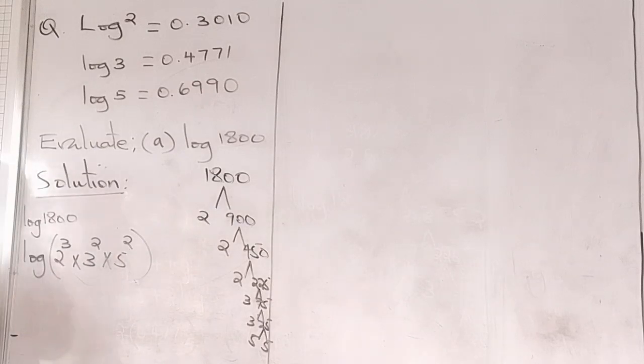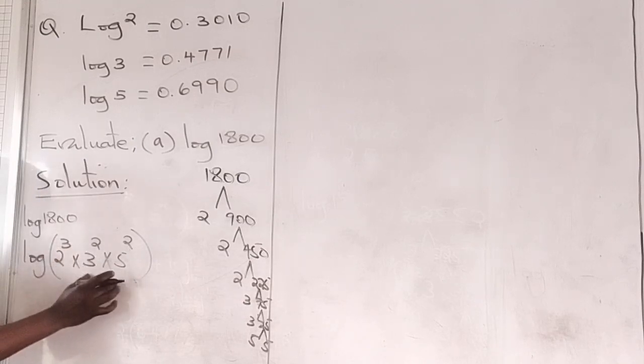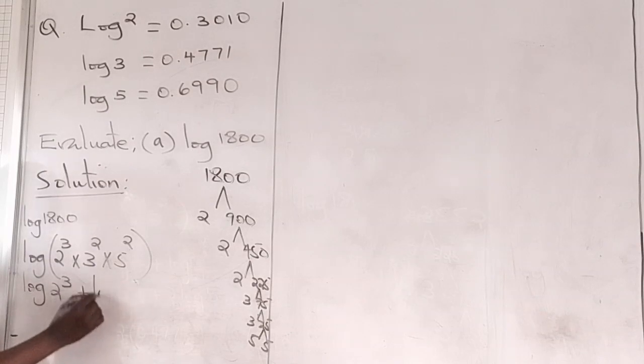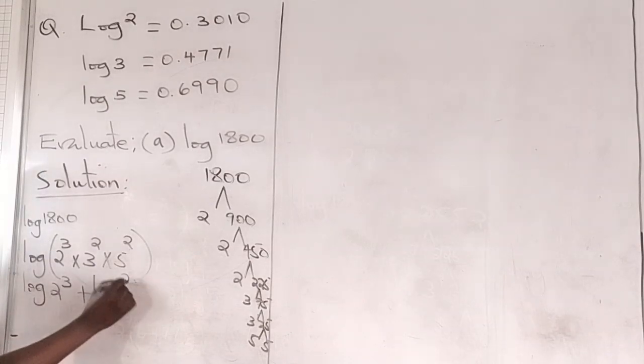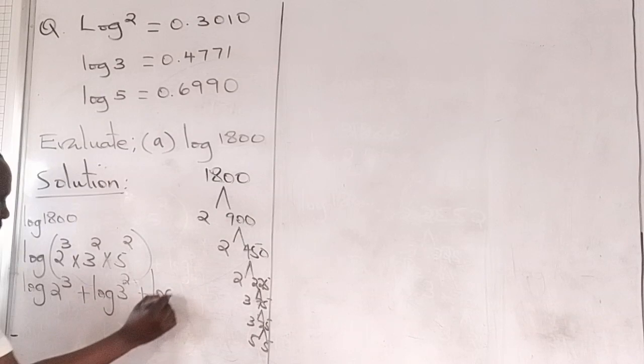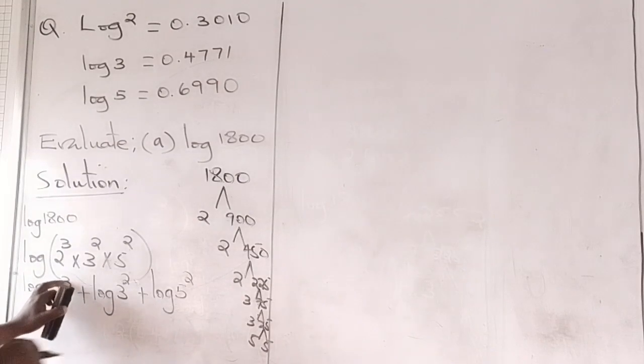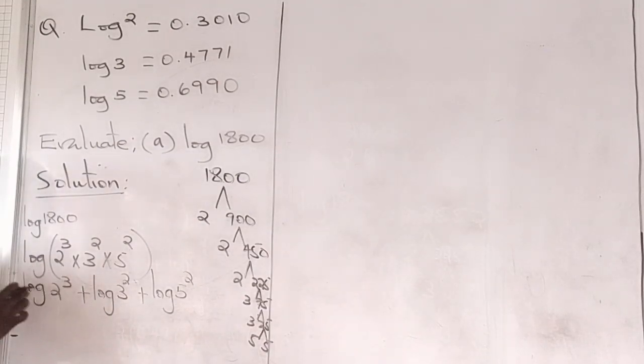From the laws of logarithms, we know that because the numbers are multiplied, their logs will be added and their powers will become the coefficients. So for example, this one is log 2 to power 3 plus log 3 to power 2 plus log 5 to power 2. I've said that the powers of these numbers will become the coefficients.